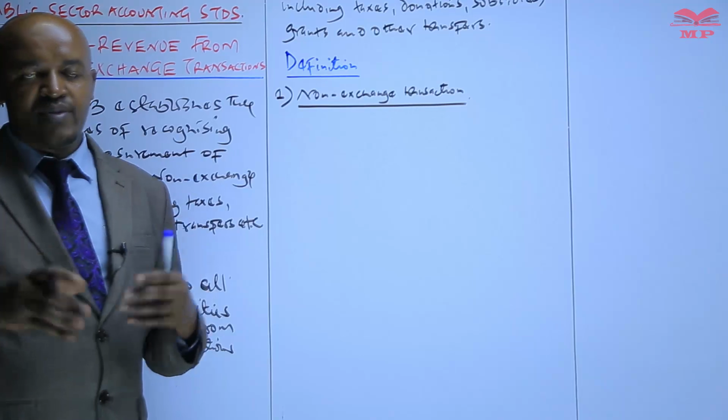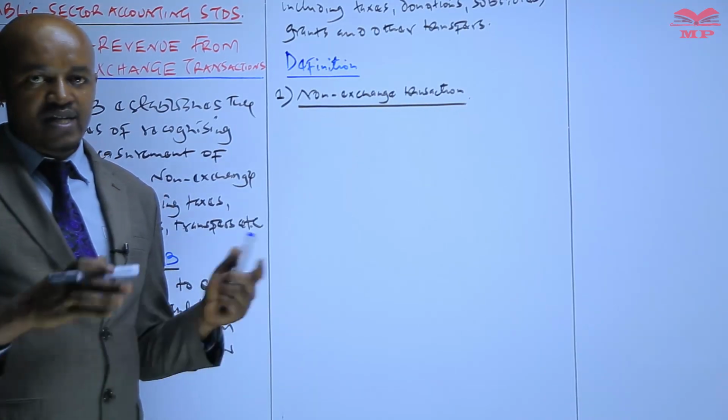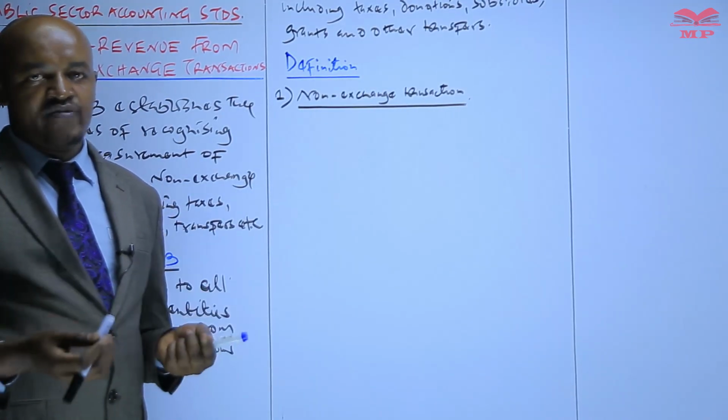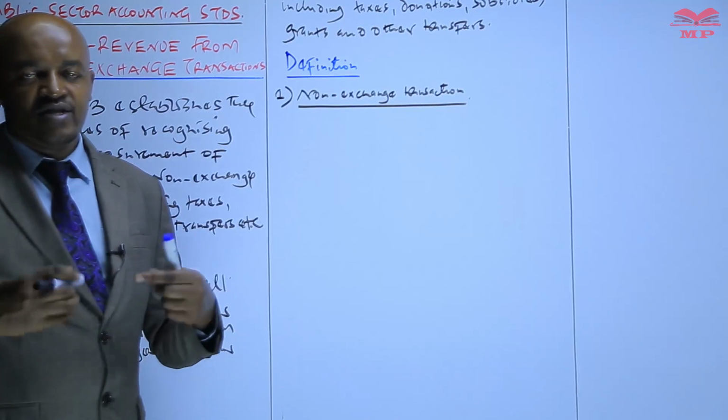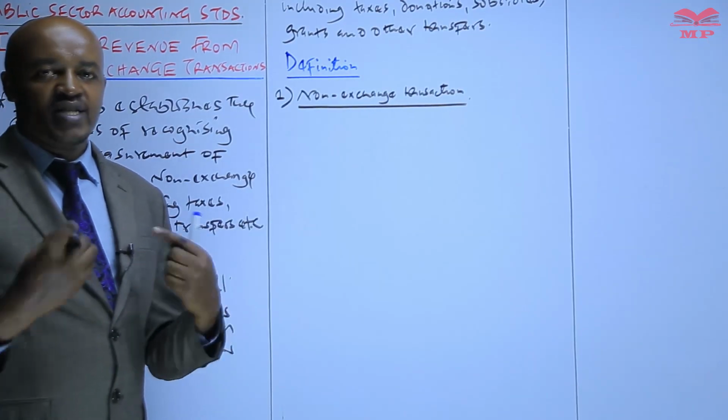For example, as a member of the public, you pay taxes to the government, but it is not obvious that you are going to receive services from the government equivalent to the taxes you have paid.